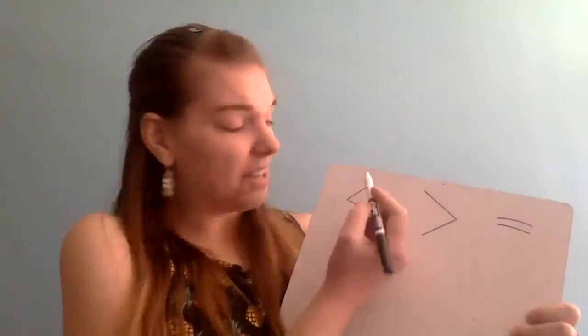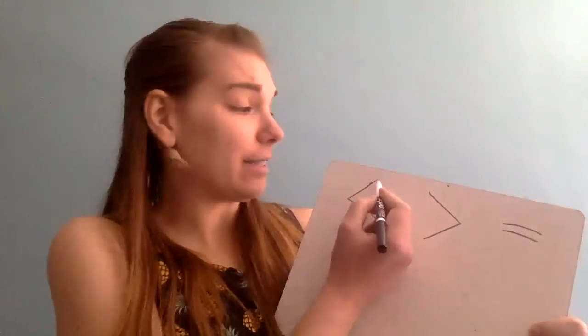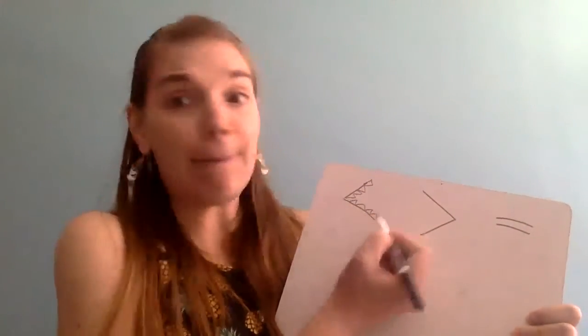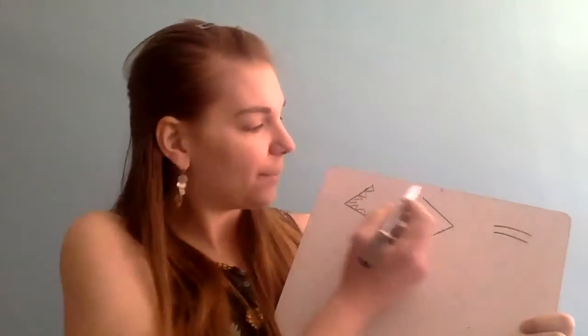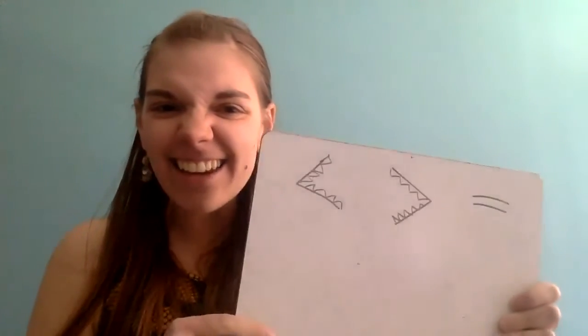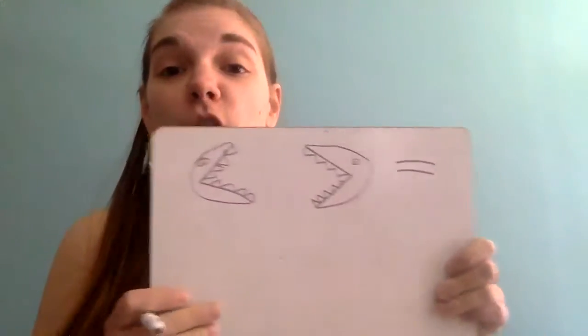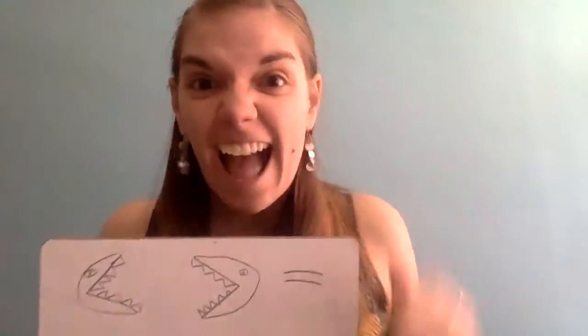To me, it looks like an alligator's mouth, right? Kind of chomp, chomp. Don't they look kind of like an alligator's, if you put a mouth with an eye? So we're going to look at these as hungry alligators.